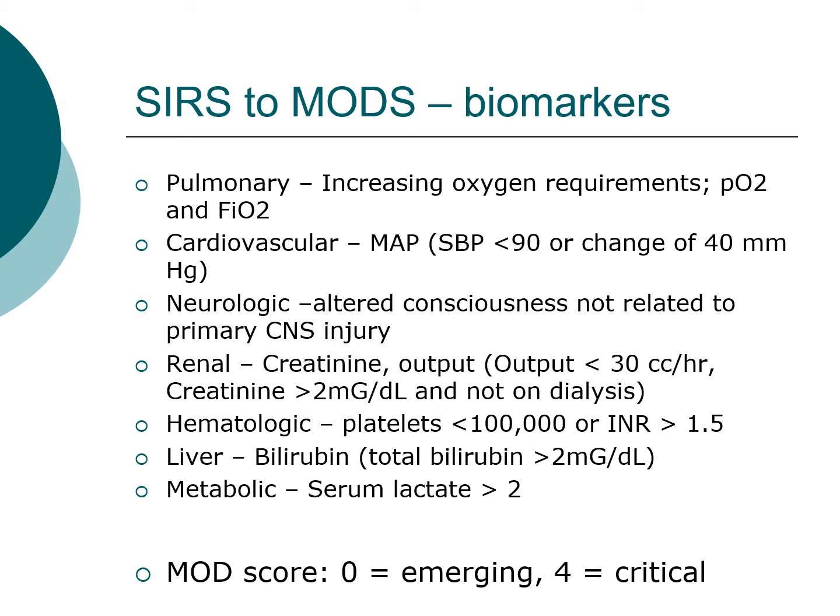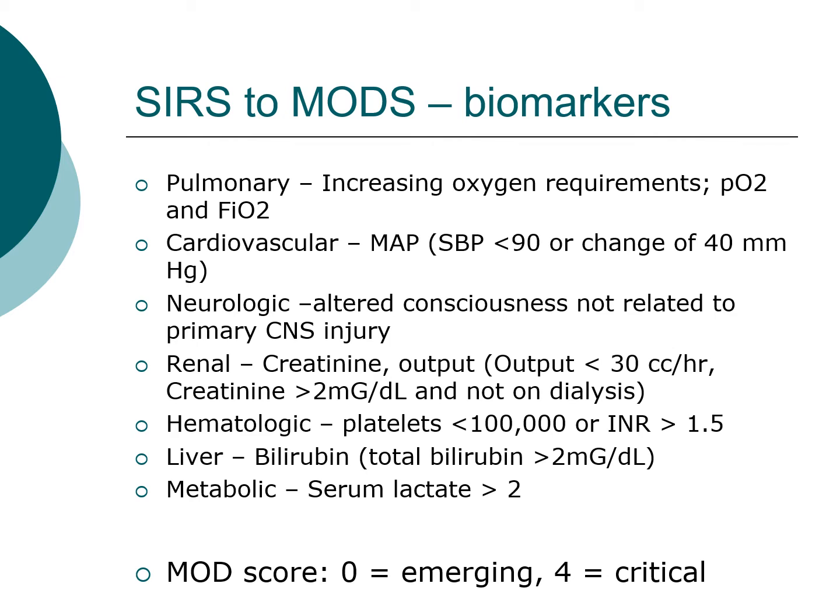The liver, bilirubin's a good one. We also have ALT, AST. If those are rising and abnormal, that's a sign that there's liver dysfunction. And in general, if we have a serum lactate level that's rising, that's telling us that there's a lot of lactate in their system, and we'll talk about that in just a few moments.